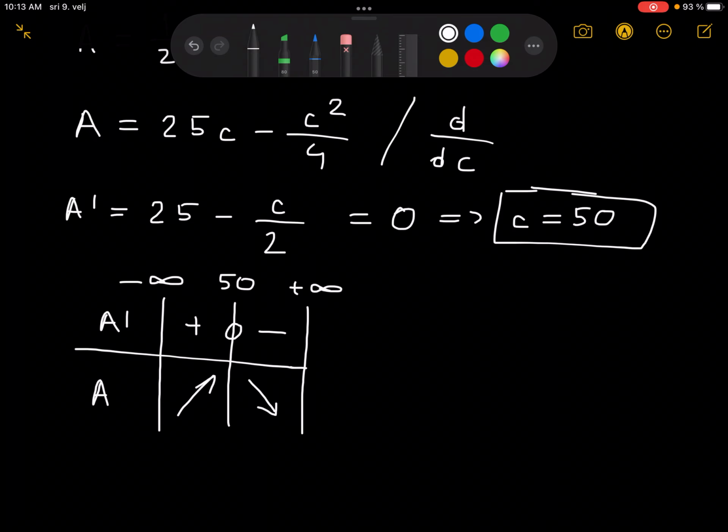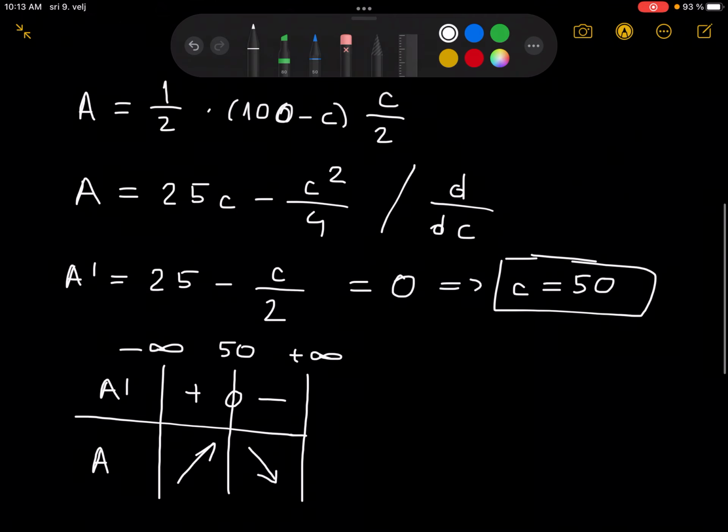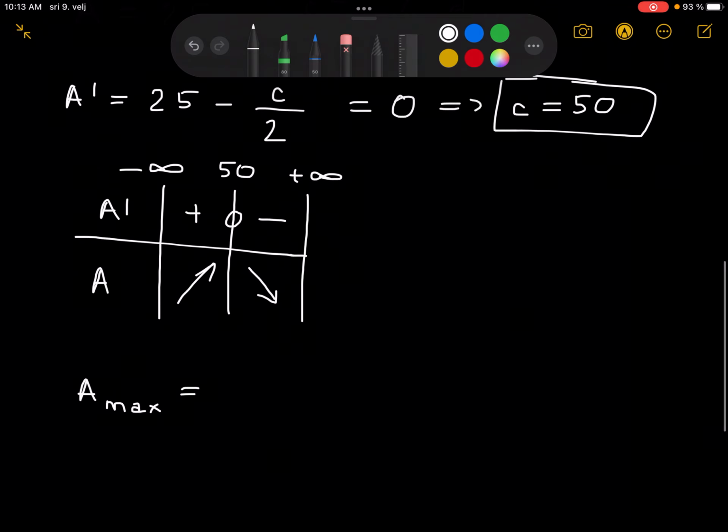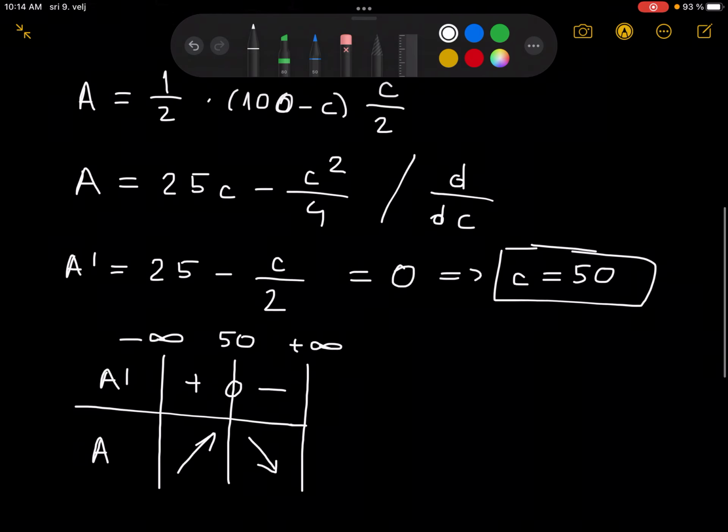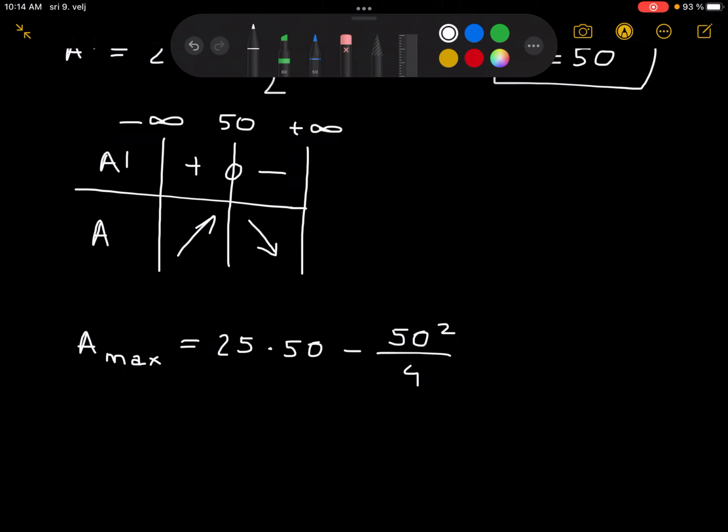So let's just go ahead and compute that now. So A max, the maximum area, is equal to 25 times 50 minus 50 squared, and everything over 4.